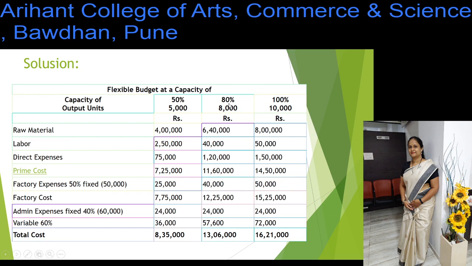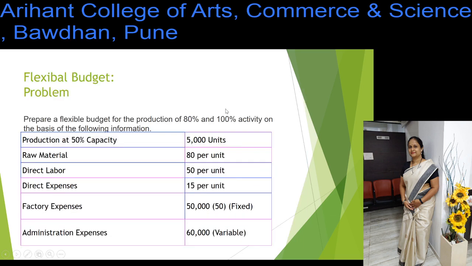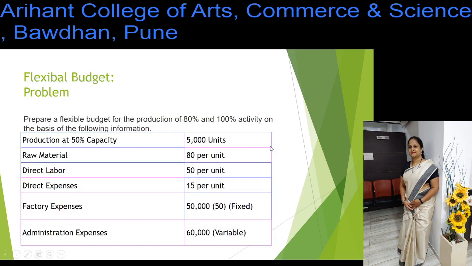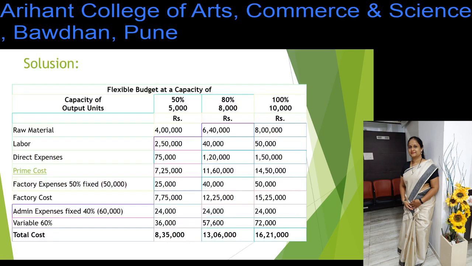So 50 into 8,000 units will come to 4,00,000, and 50 into 10,000 units will come to 5,00,000.